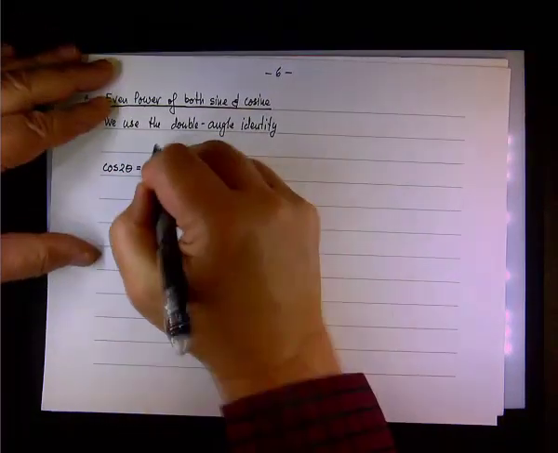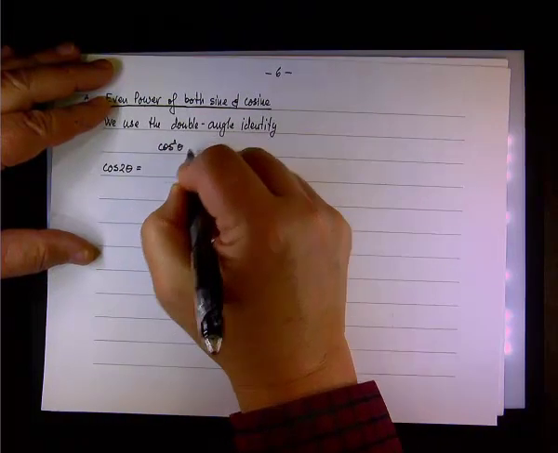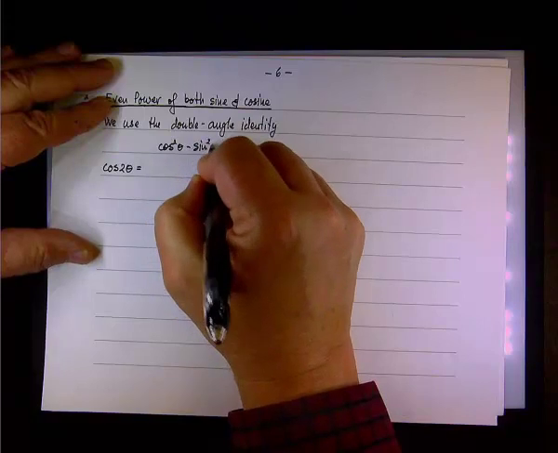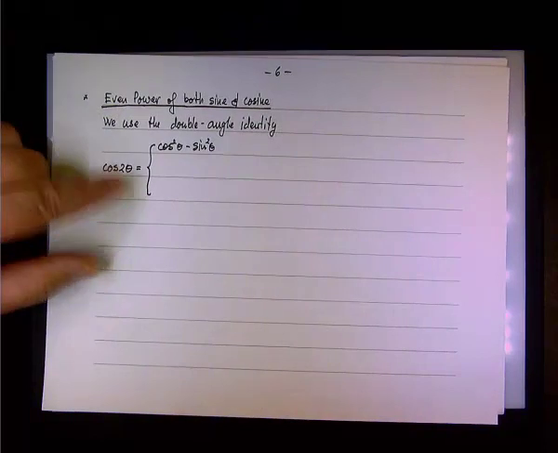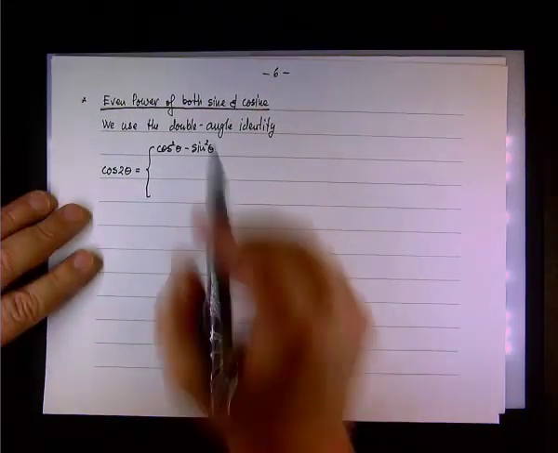if you remember your trigonometry, one identity is cosine squared minus sine squared. Cosine squared plus sine squared equals 1, but cosine of 2 theta is cosine squared minus sine squared.